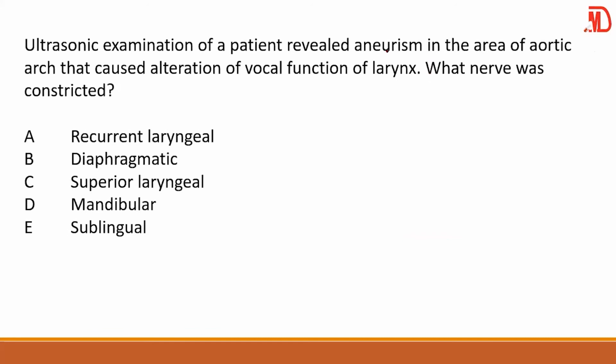Ultrasonic examination of a patient revealed aneurysm. That's like a distension, okay? Distension, like widening of a vessel, in this case, the aorta. So there's revealed aneurysm in the area of the aortic arc that caused alteration of vocal function of the larynx. So what nerve was constricted?